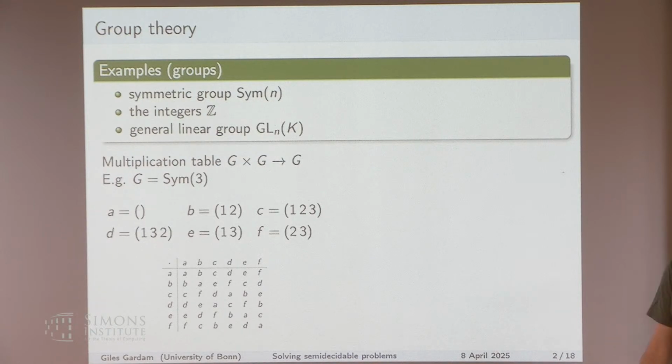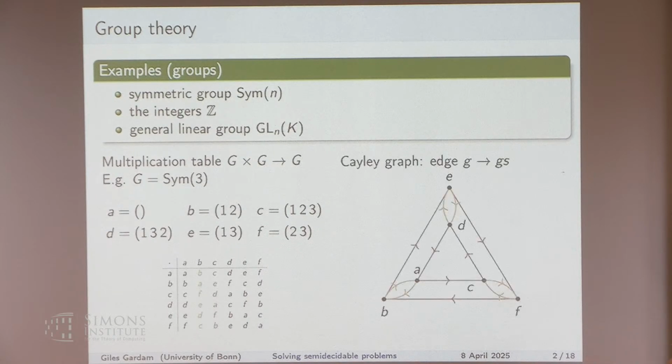Another way I could tell you about a group would be to tell you about its Cayley graph, which is an object that we really love, especially in my part of group theory, geometric group theory. So the Cayley graph has one vertex for each element of the group, and I fix some generating set of elements S, and then for each generator I add an edge from g to g times s.